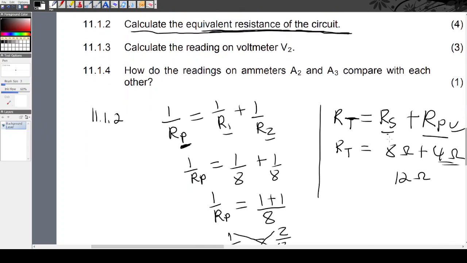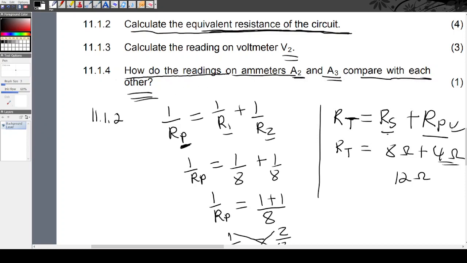So the last question, because we found V2. What's the last question saying? How do the readings on ammeters A2 and A3 compare with each other?